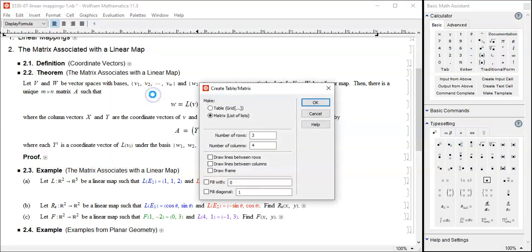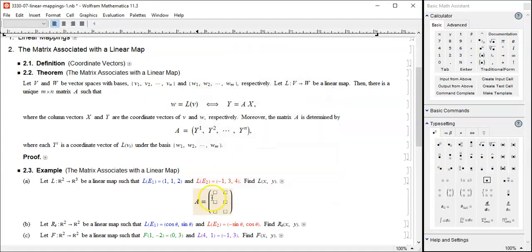Matrix. And then we want 3 by 2. And this is 1, 1, 2, and negative 1, 3, oops. This is a matrix associated to this linear map.